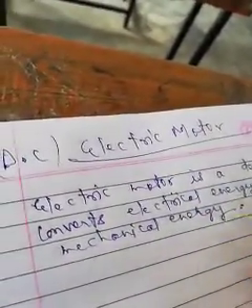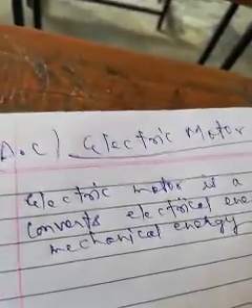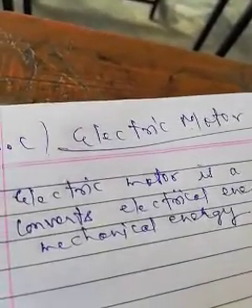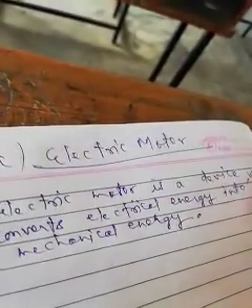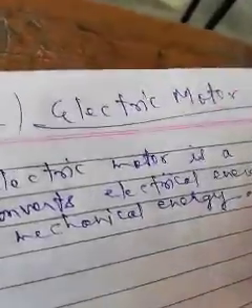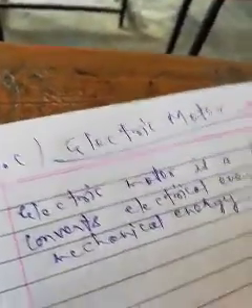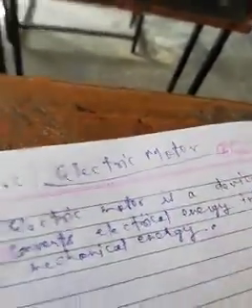In fan, air conditioner, cooler, everywhere there is an electric motor. Grinder, washing machine, maybe toy car, or maybe electric engine, railway engine, whatever. These days, electric scooters and e-rickshaws are coming, all run with the help of an electric motor.